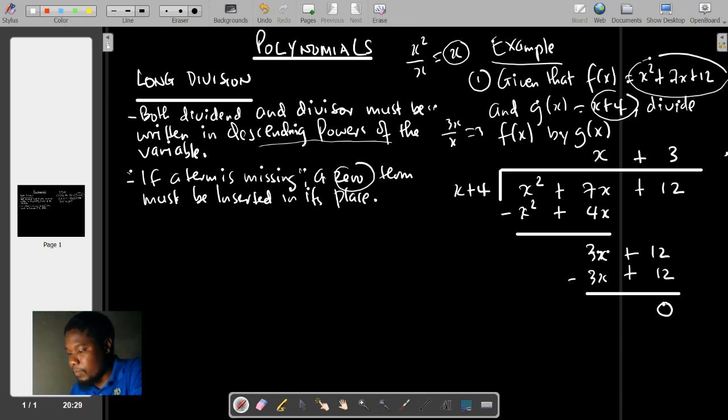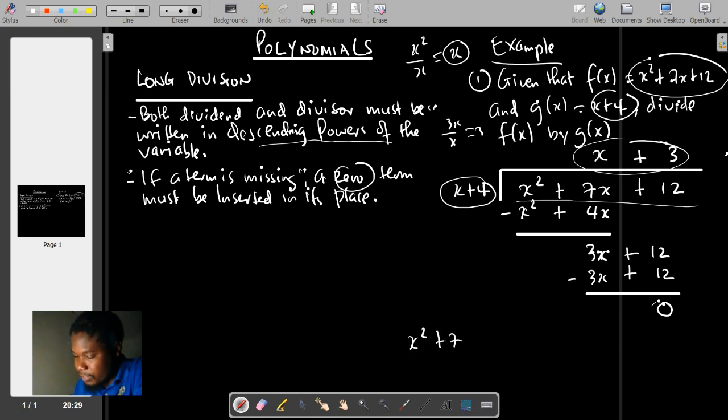That's a remainder, the same way we do with numbers. This tells us that if we multiply the quotient by the divisor and add the remainder, which is 0 in this case, it should give us the dividend. So we write x squared plus 7x plus 12 is equal to x plus 3 multiplied by x plus 4, plus the remainder, which is 0.